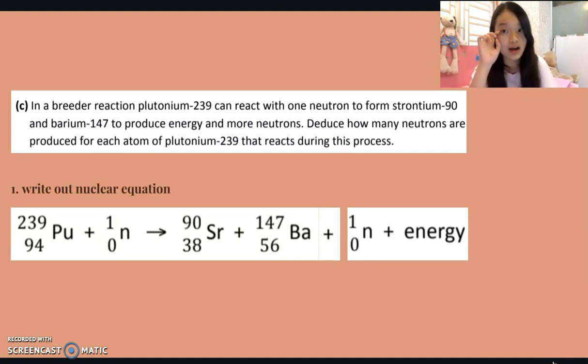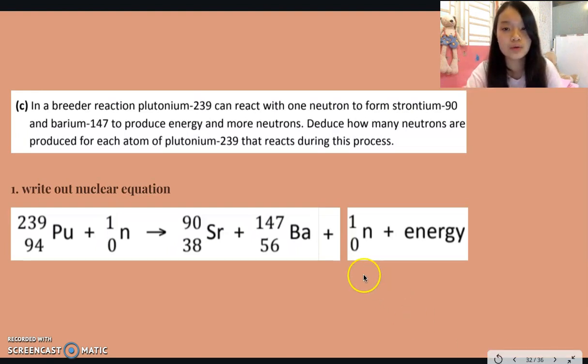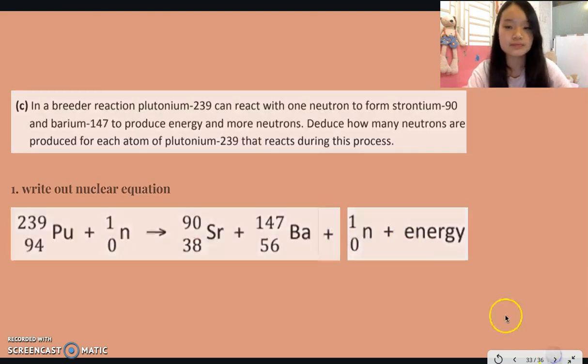First, I'll write out the nuclear equation: react plutonium-239 with 1 neutron to form strontium-90 and barium-147 and more neutrons. Since we are finding the number of neutrons, I'm leaving a little space here so that we can figure out how many neutrons we need for this equation.